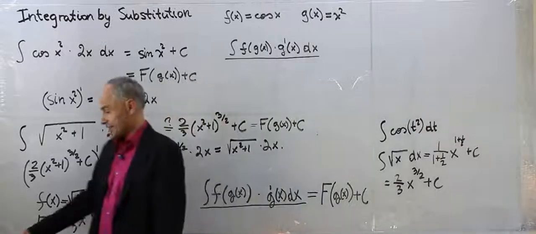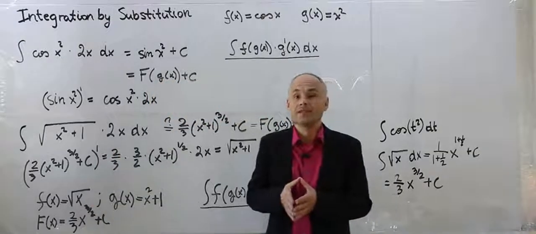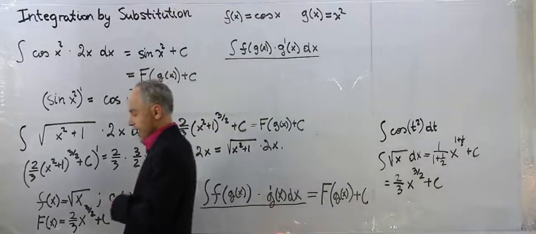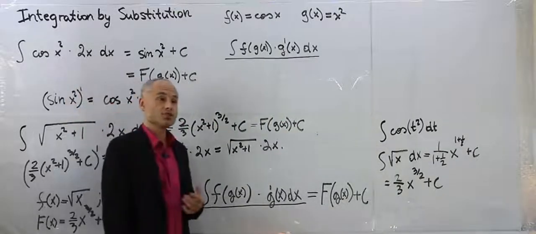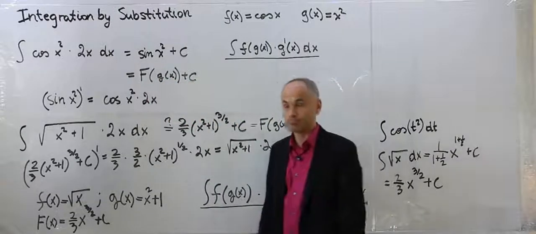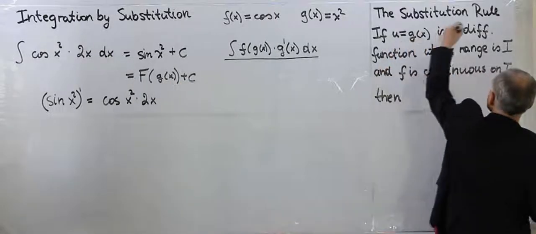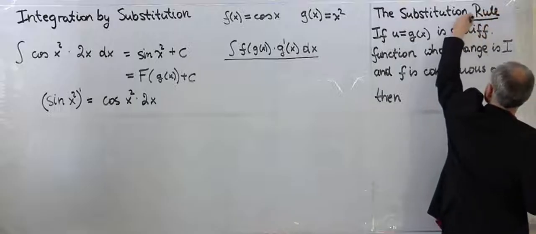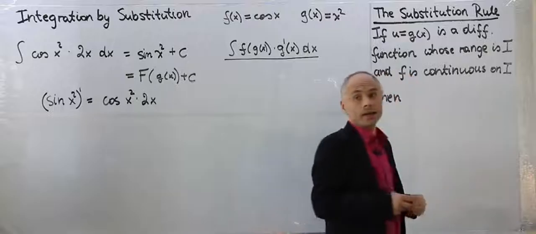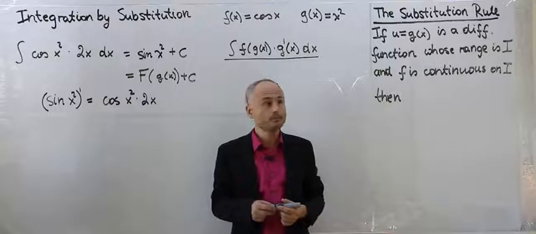Let me state formally the generalization of these two examples as a substitution rule. And then I will illustrate how we could apply the substitution rule in practice by introducing a different variable. Let me state the substitution rule that we will use in today's lecture.